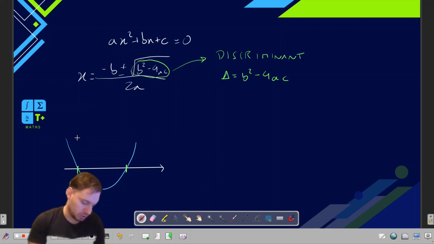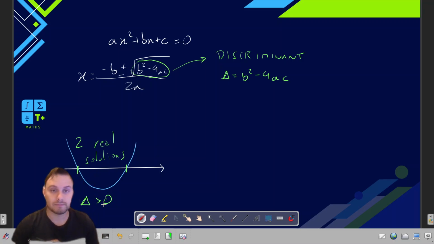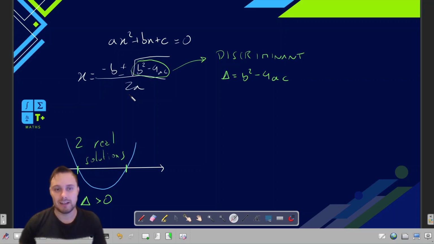That gives 2 different real solutions, which means my discriminant is greater than 0. When the discriminant is greater than 0, the plus or minus will be adding and subtracting a value, so we end up with 2 different solutions. This is the scenario with 2 real roots.